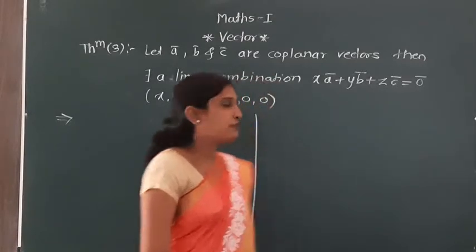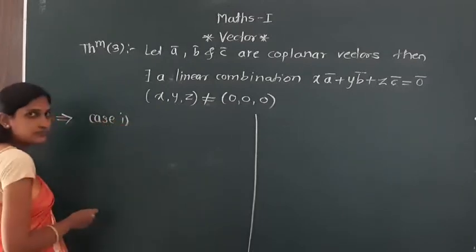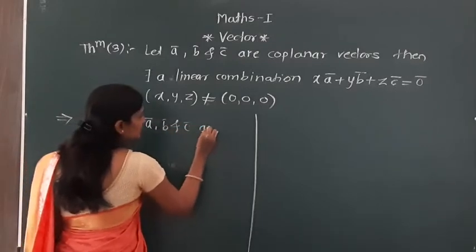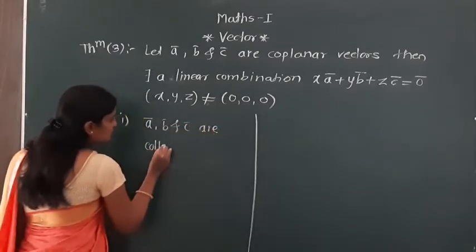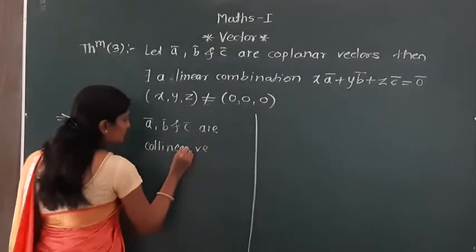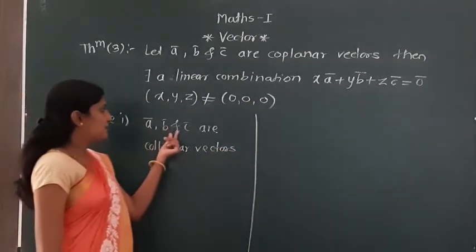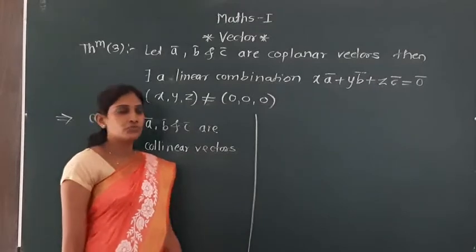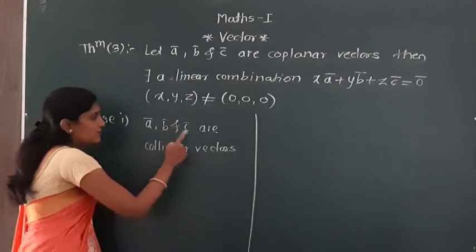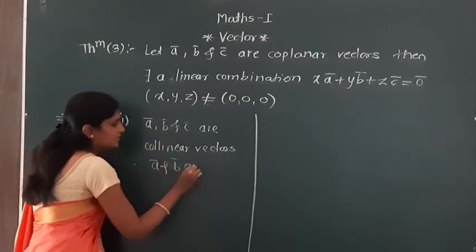So in case 1, a bar, b bar and c bar are collinear vectors. We consider this case first. If a bar, b bar, c bar are collinear, then obviously a bar and b bar are collinear.